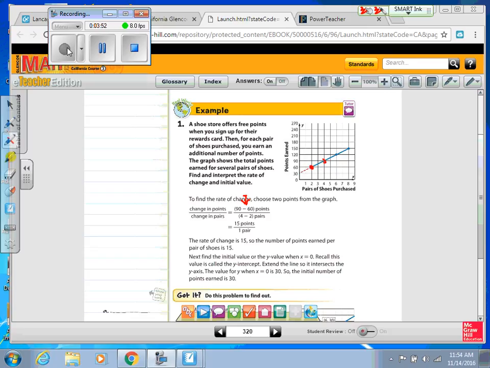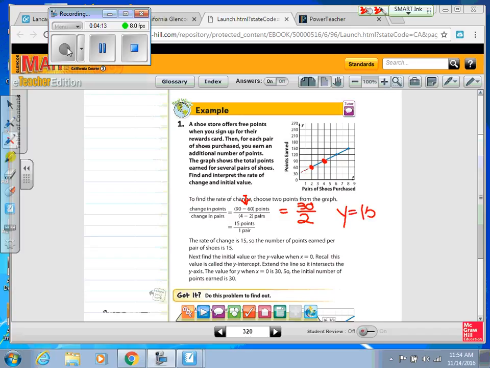So we've chosen 2 points on the graph. 90 minus 60 is 30 over 2. We end up reducing that to 15 points per pair. So our rate of change is 15.